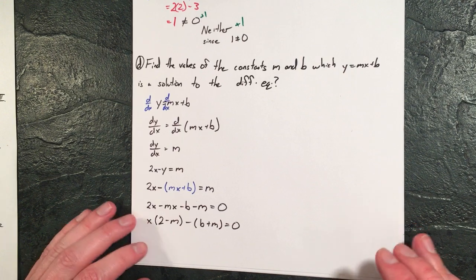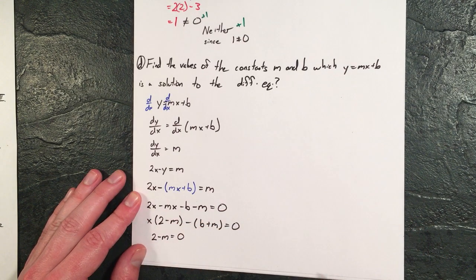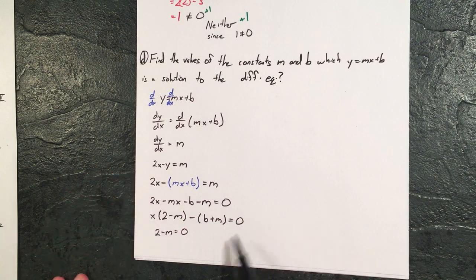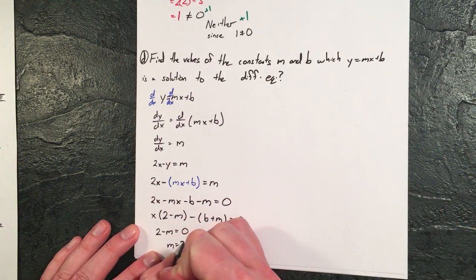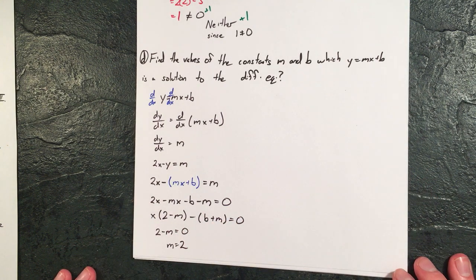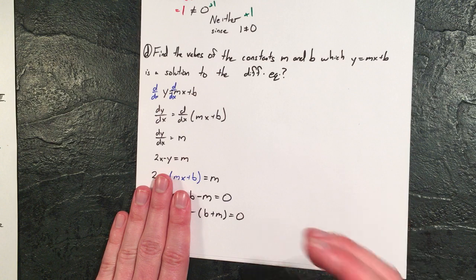So what that means is that 2 minus m has to be 0, because we don't have any x terms over here for constants m and b. So that means that the m has to be 2. Okay, so when the m is 2, we know that this is 0. So we're just left with this.